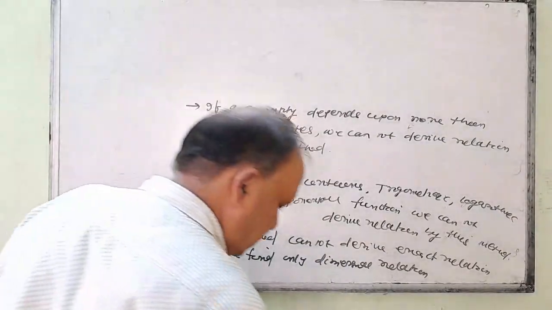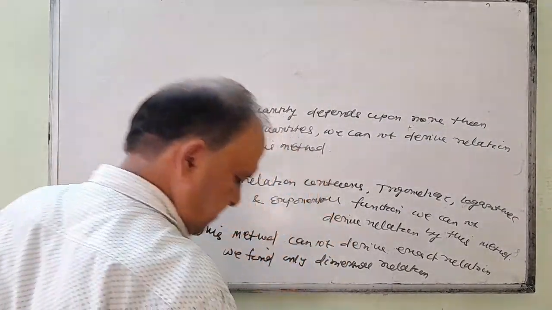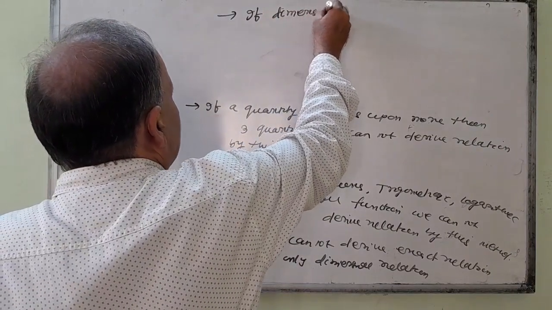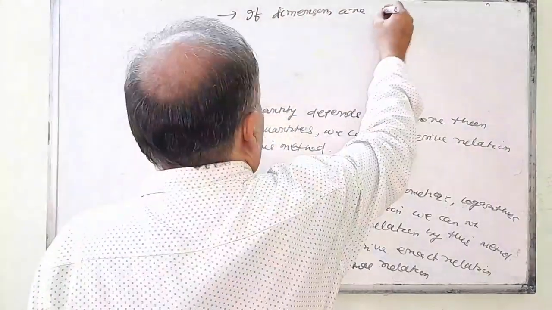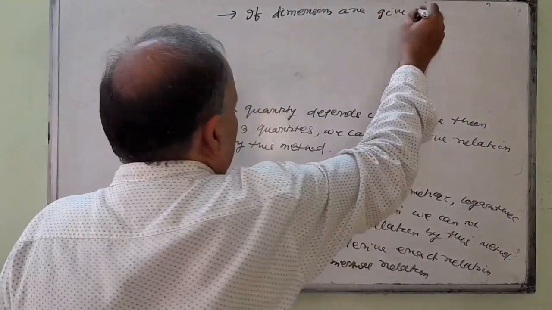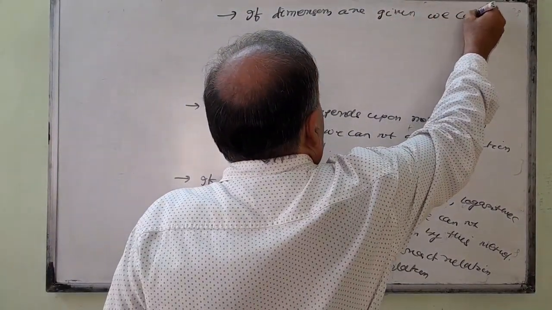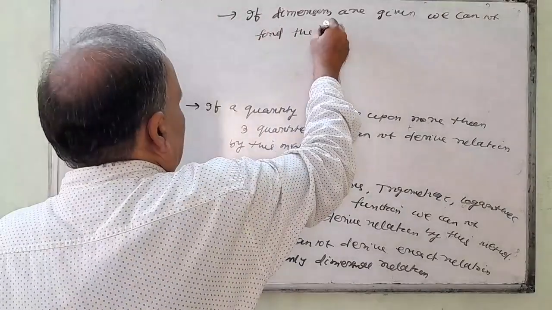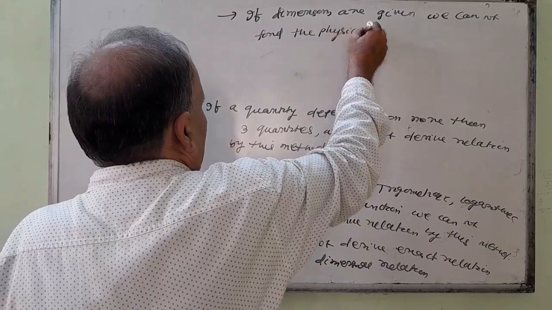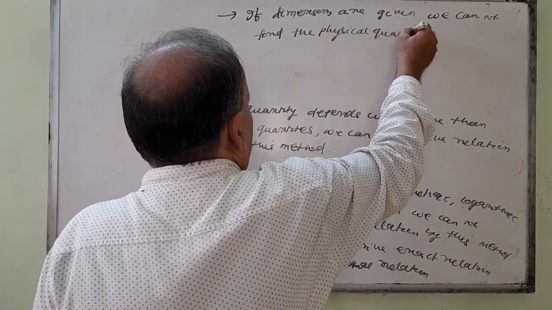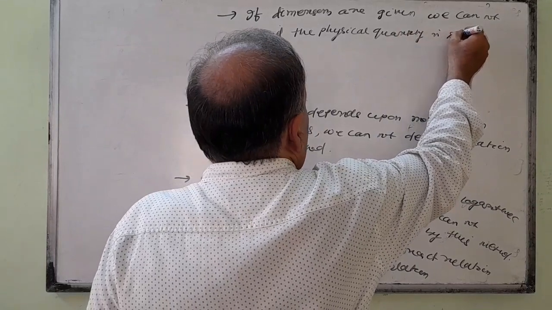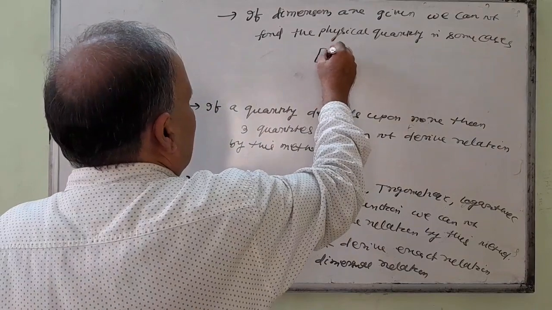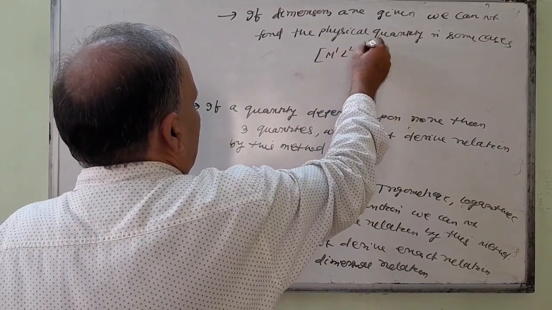And your fifth one is, if dimensions are given, we cannot find the physical quantity in some cases. Suppose our dimensional formula is M1 L square T to the power minus 2.